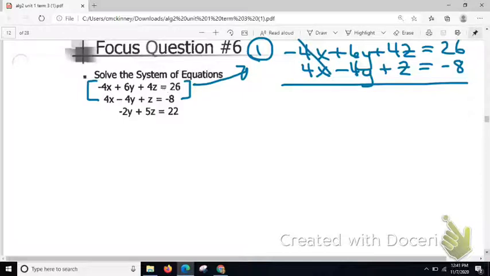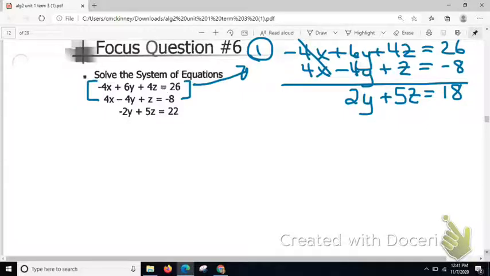They're gone. 6y and -4y, I have 2y. 4z and 1z make 5z. 26 and -8 is 18. Now you might say, but that doesn't help me because I still don't know a variable. Well, you're right. This is how it's more typical what happens.